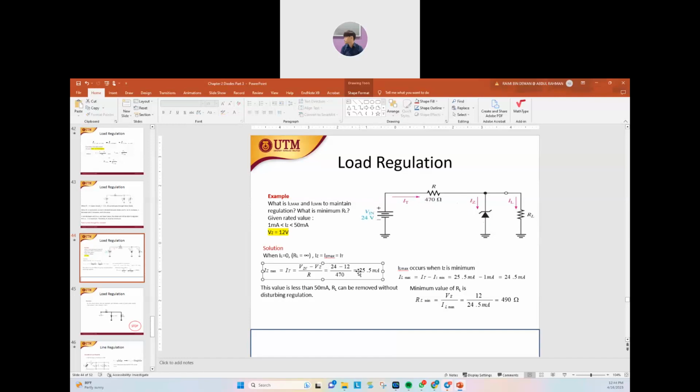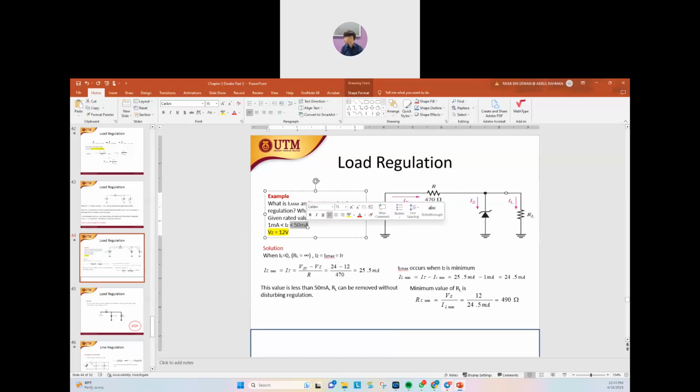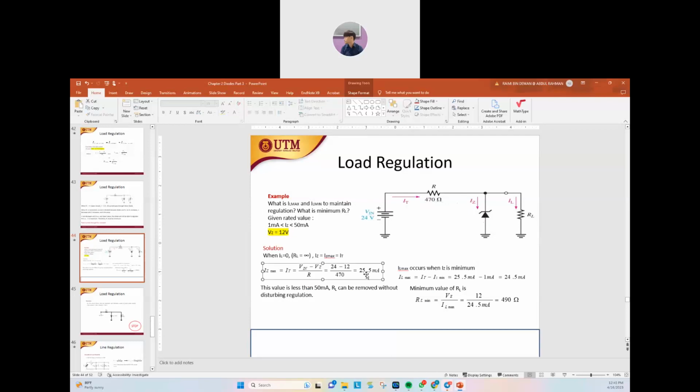This is good because the value is much less than the maximum rating, 50 milliampere. If we had 51, 52 or some value much greater than the maximum, then our diode would maybe be broken. Since our calculated Iz is much smaller than 50 milliampere, there is no worry.